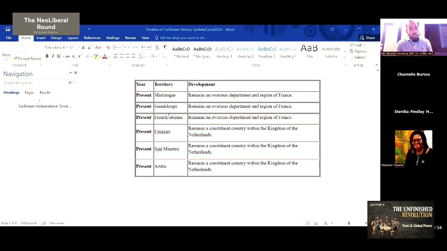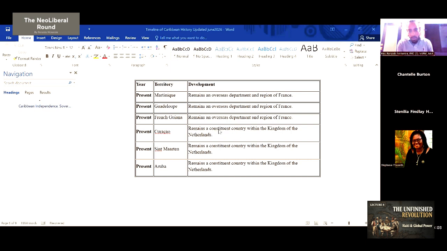Guadeloupe as well. Frantz Fanon is from Martinique, I think, and Guadeloupe has Amamazama, Afrocentric paradigm. French Guiana remains an overseas department of France.